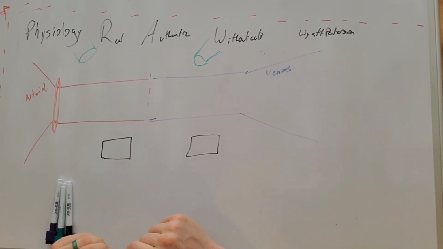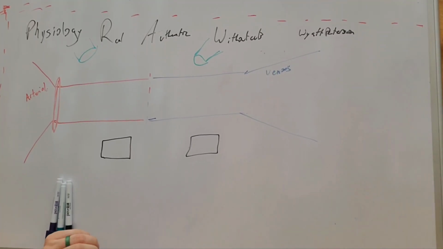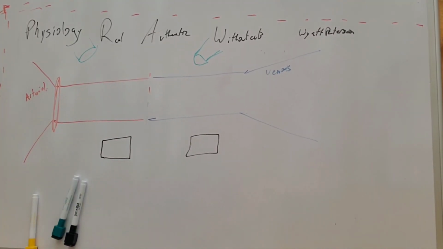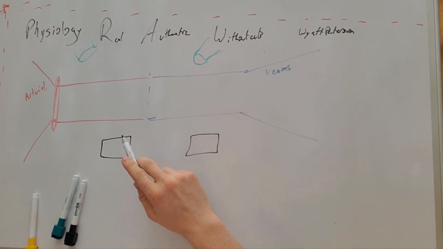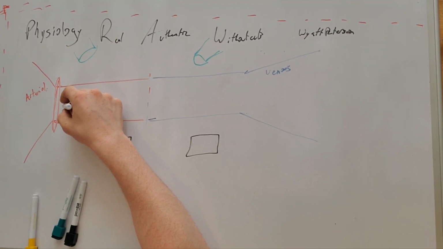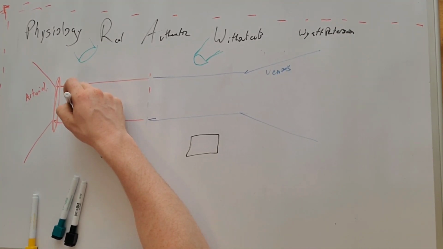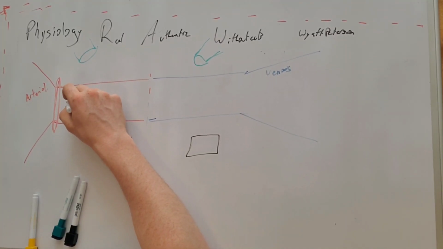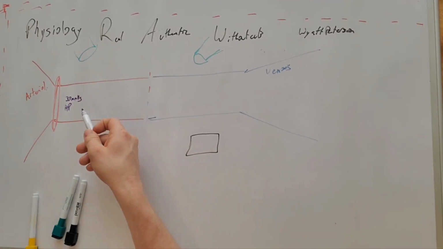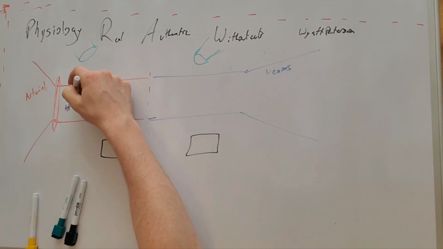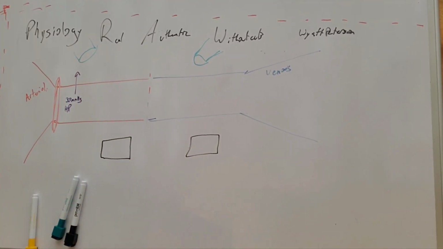All right, so the first main pressure that we see on both sides, but I'm going to start with the arterial side, is the hydrostatic pressure. This is 30 millimeters of mercury going out of the arteriole.